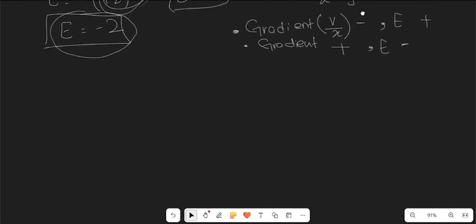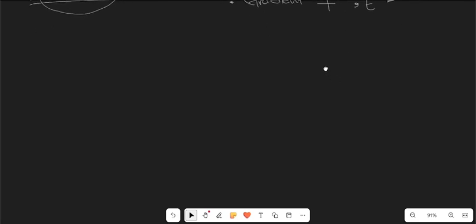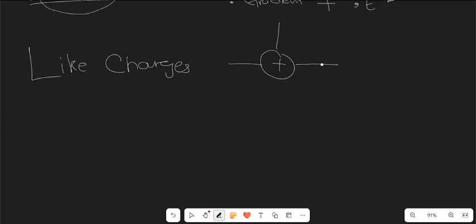Now, we're going to move on to the next set of our graphs, and that is like charges, which means I can take a positive, and here it's going away, and then I'm going to take another positive because like charges, and then here it's going to move away.